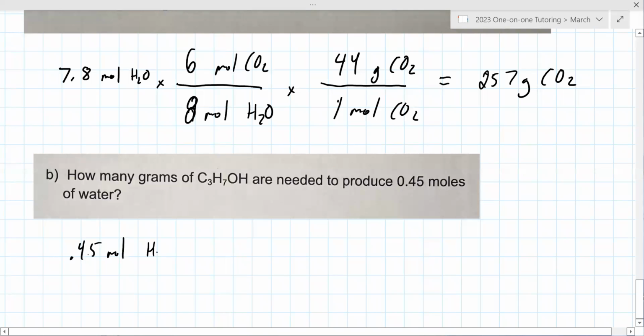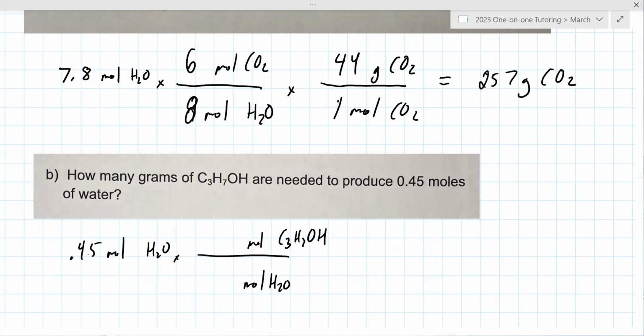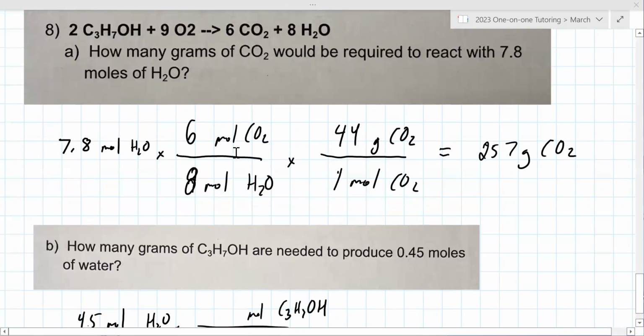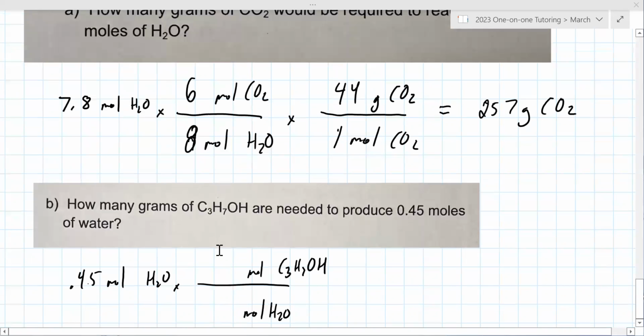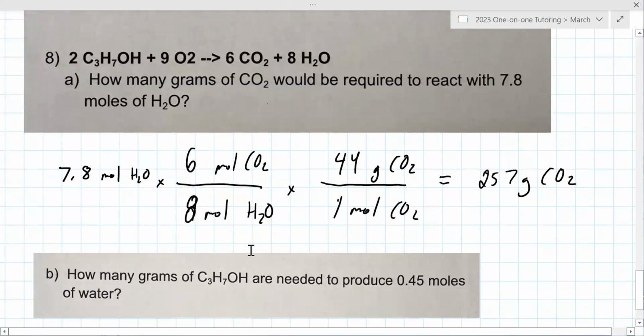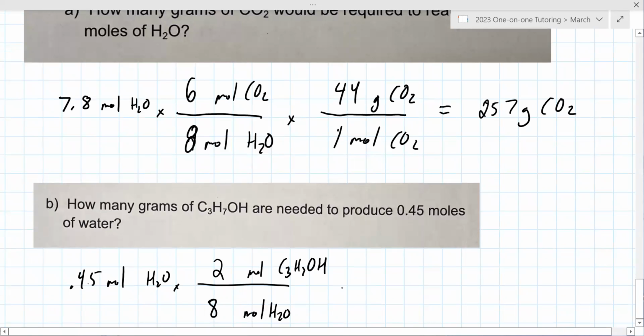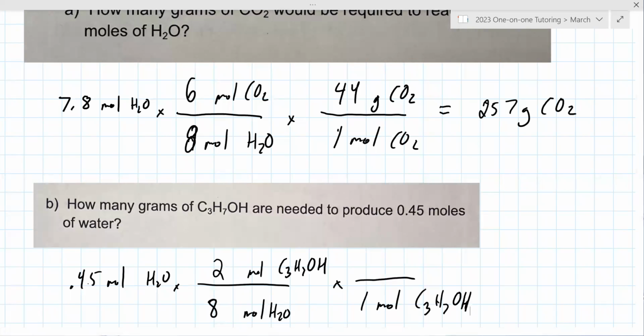That's right. 0.45 moles to, so 8 mole H2O on the bottom, and then 2 C3H7OH on the top.